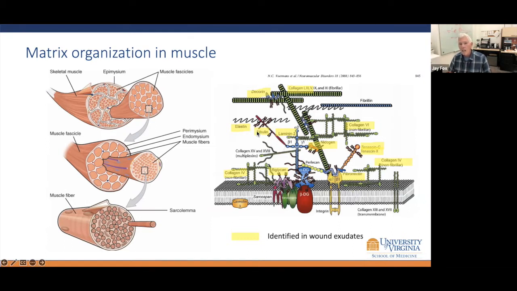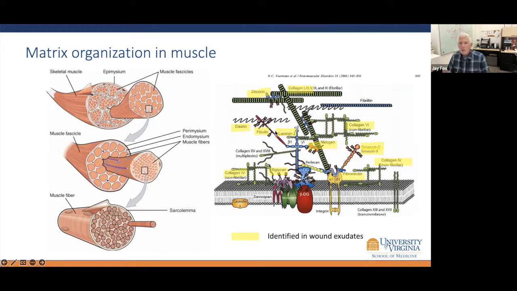The ones I've highlighted in yellow are all that we found in various different exudate studies that we've done. So clearly the implication is that when you treat muscle, in this case with venom, or perhaps with individual snake venom metalloproteinases, you're very likely disrupting this to a very large degree.